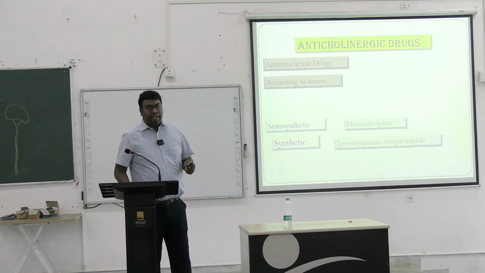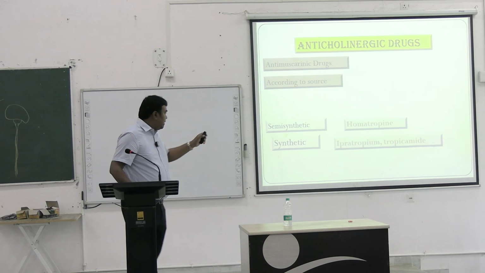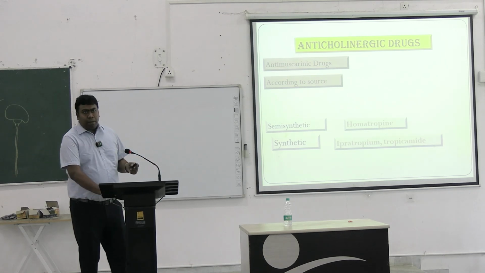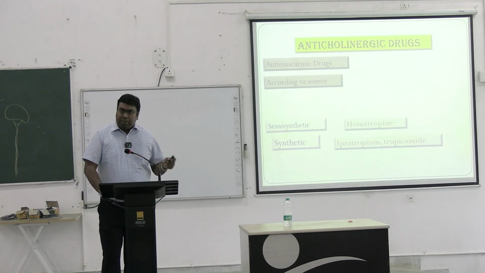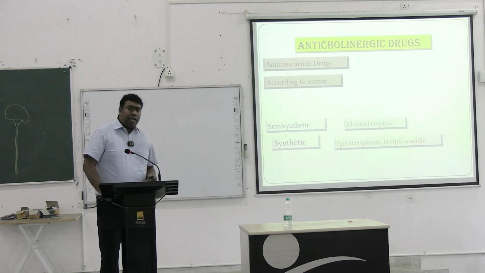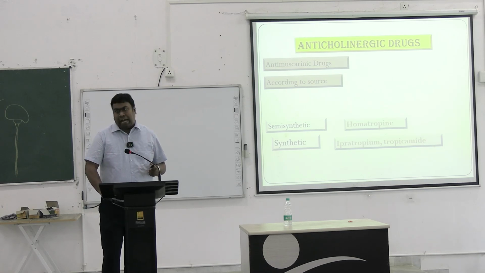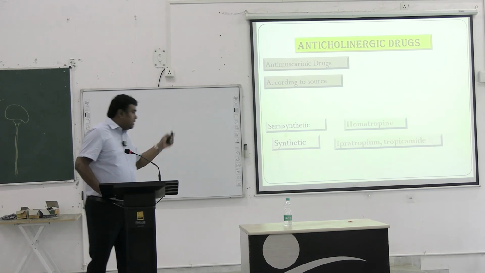It is a bronchodilator, so it is used in bronchial asthma as well as COPD, chronic obstructive pulmonary disease. Ipratropium and tiotropium bromide are used in bronchial asthma and COPD, whereas tropicamide is used as a topical agent in the eye. So it is the synthetic one.